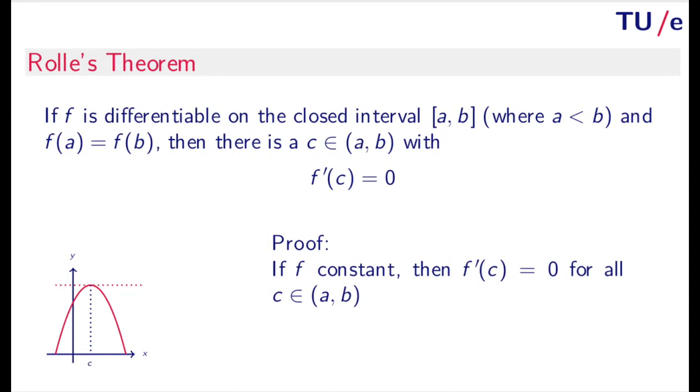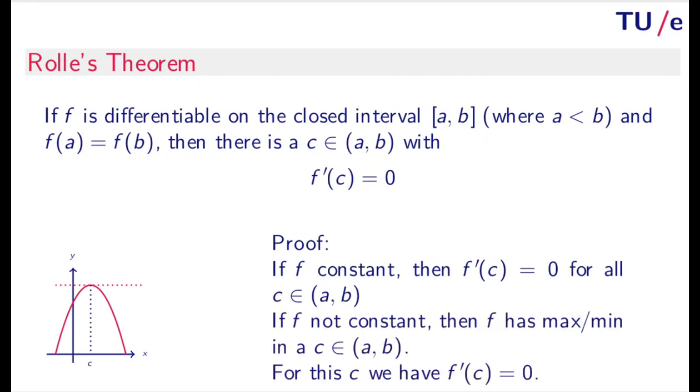Let us give a proof of this theorem. We consider two cases. The first is that the function f is constant. Then of course the derivative at any c in the interval will be equal to 0. If f is not constant, then as f is differentiable, it is also continuous.